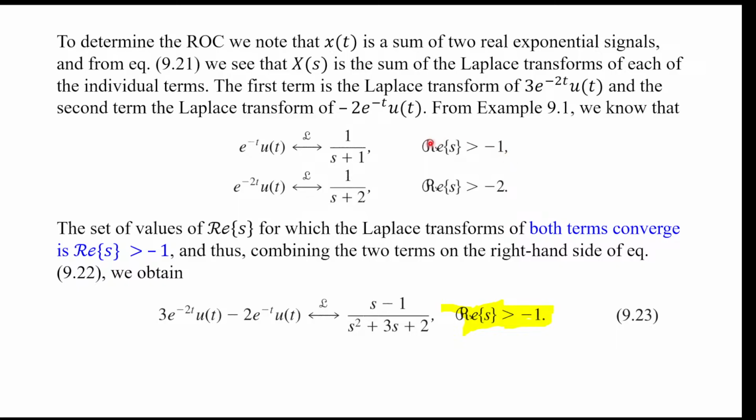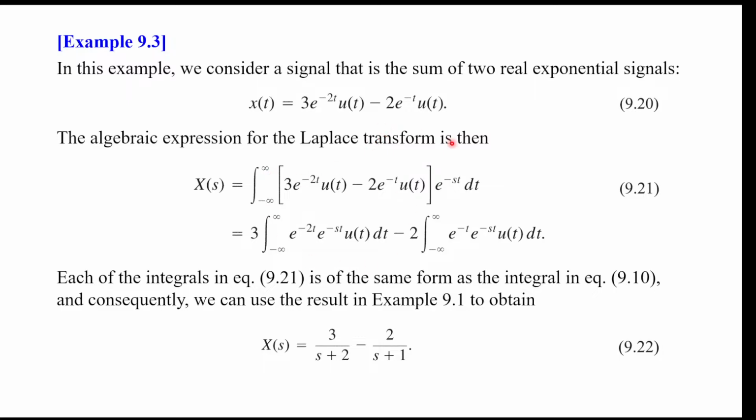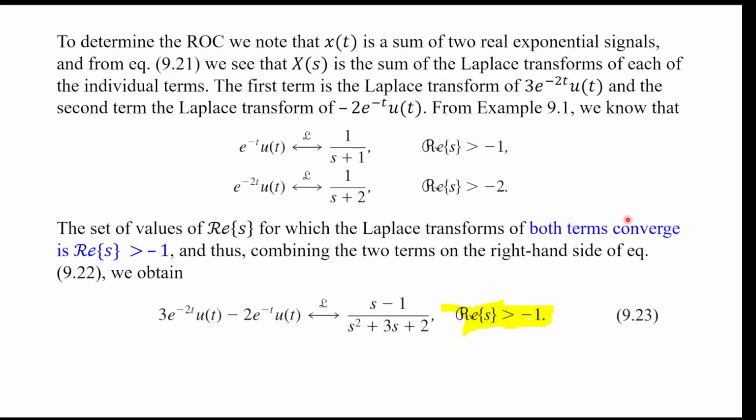And now we think about what's the region of convergence of a linear combination of them. So we want the integration to converge on both parts, so we want our s to be inside both of these regions of convergence. So basically, we want the intersection of those parts.